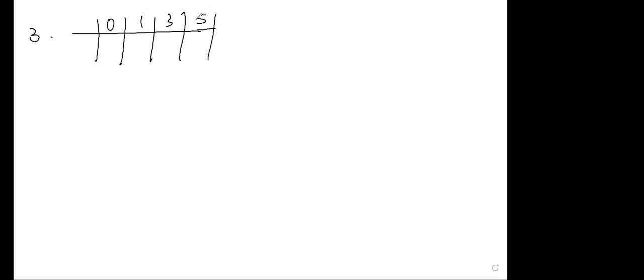Now let's play our game. Let's look at the probability distribution of the revenue and profit that we did. I'm not going to rewrite that one off. Profit and revenue. Revenue was 0, 1, 3, 5.